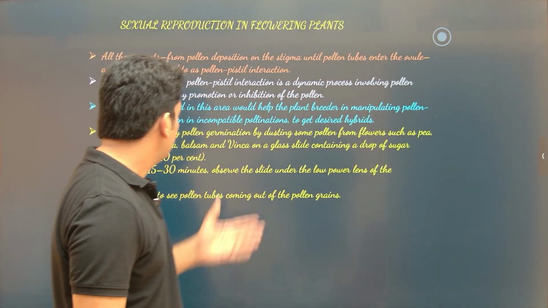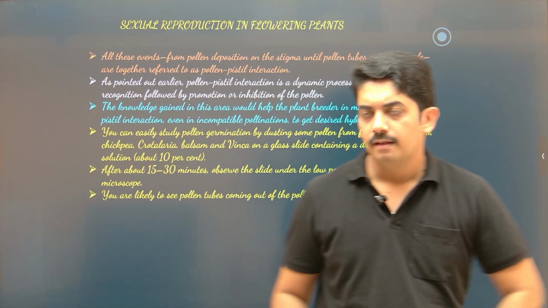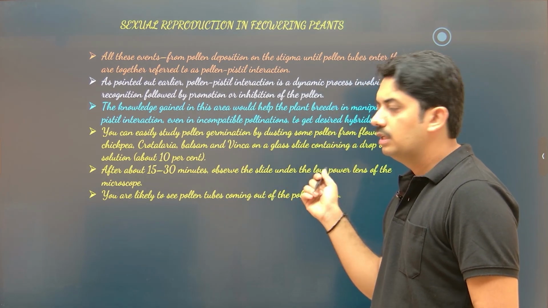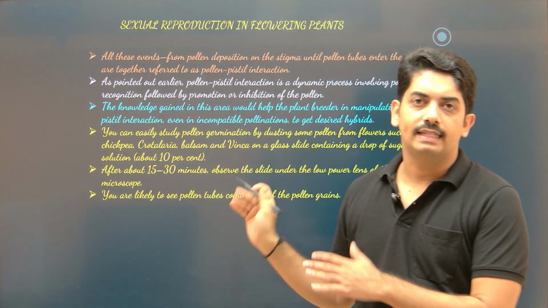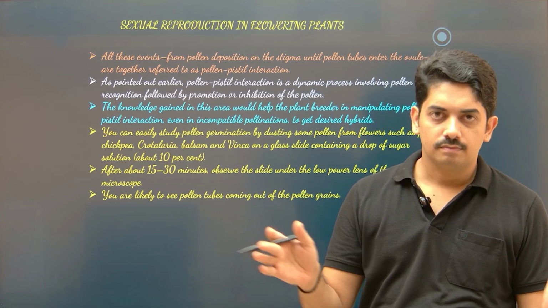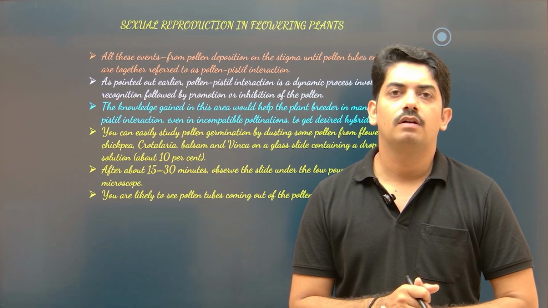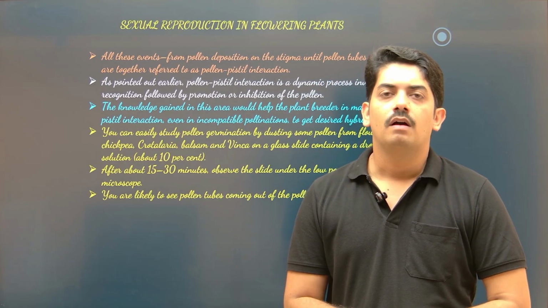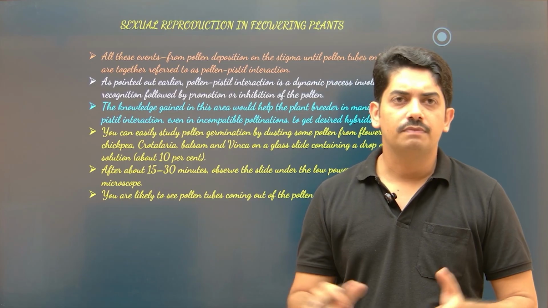The same thing is explained here. See, one of the experiments which we perform in the laboratory is given here. Take pollen grains from different plants or any one of the plants, say for example Impatiens balsamina, or any of the nearby plants.